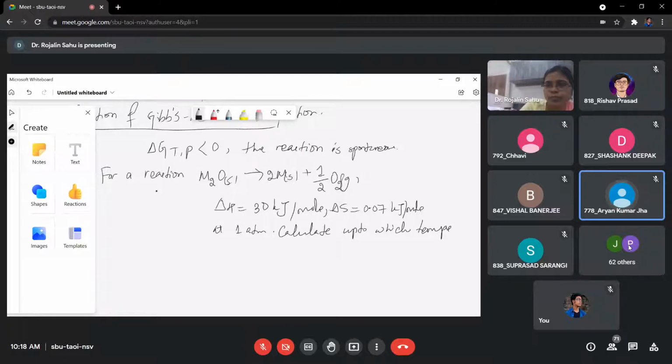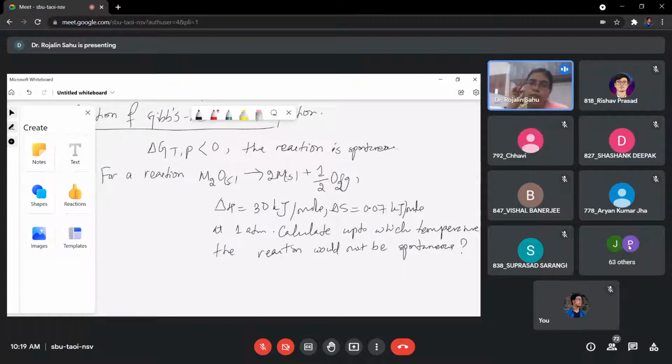Just a minute. So for a reaction M2O gives 2M plus half O2, del H is given and del S is given.